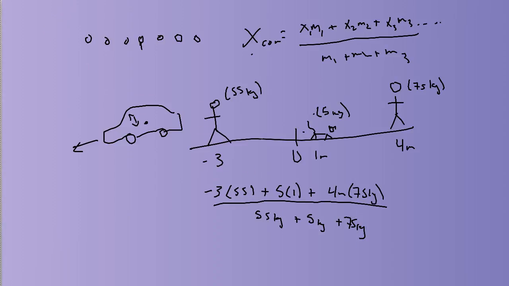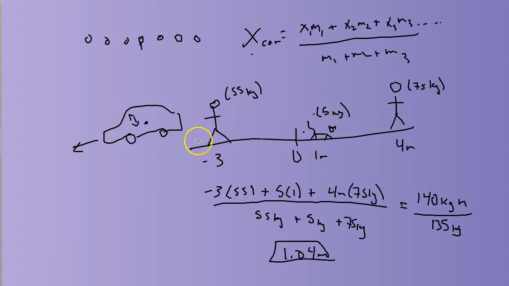Adding all these up, we get 140 kilogram meters divided by 135 kilograms, and so we get a center of mass of 1.037, or around 1.04 meters. So that is the average location of the mass of this person-cat-person system.